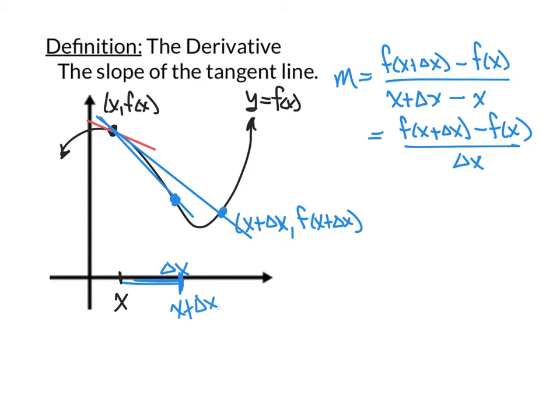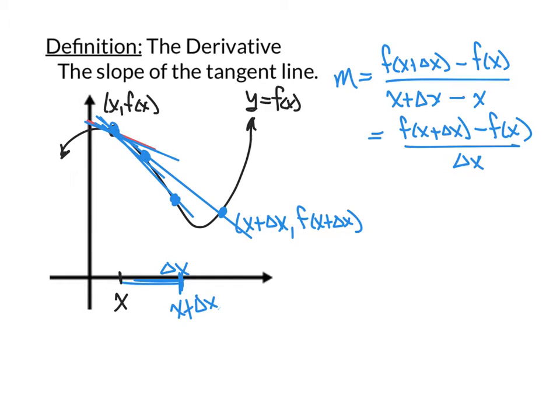But what I want to do is let that point move even closer, get closer and closer to that original point until it lands directly right on top of that first point. When that happens, then we'll end up with our secant line changing from these approximations of the tangent line into the actual tangent line itself.